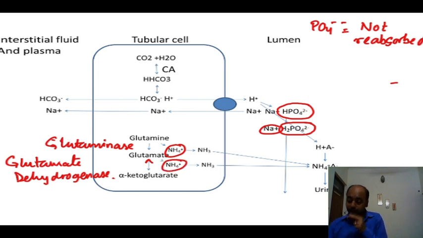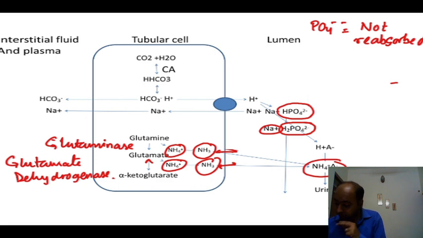This ammonia inside the cell gets converted to ammonia gas, and the gas is able to diffuse across the membrane. However, when it moves into the lumen, whatever H plus is there will quickly combine with it to form the ammonium ion, which will combine with any of the anions, and it is lost in the urine.